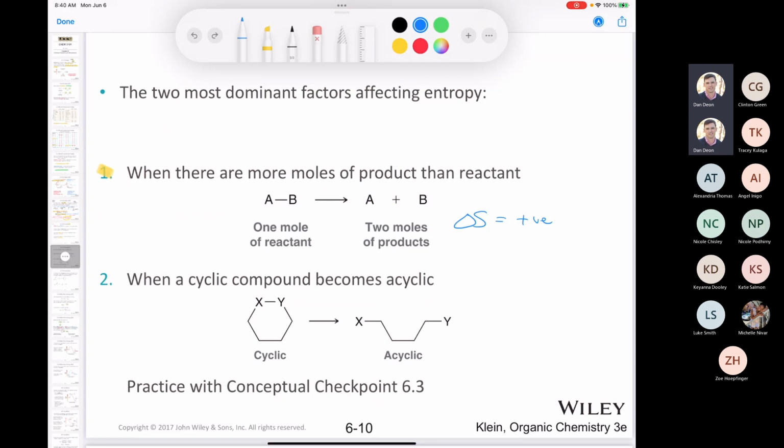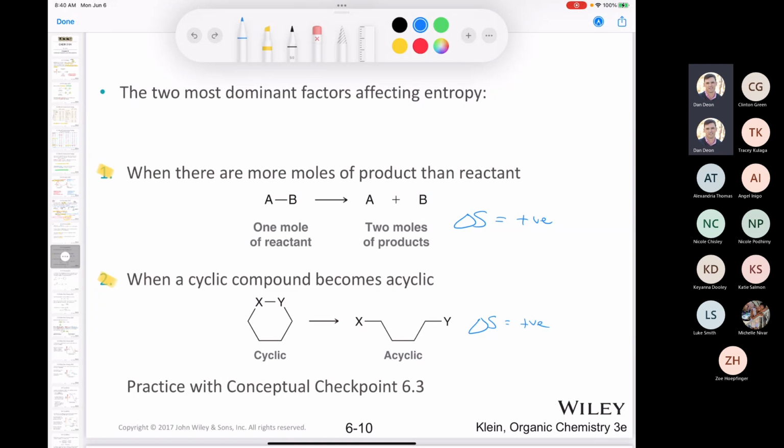And the other way is when a cyclic compound becomes acyclic. If you have something that's a cycle, like maybe cyclohexane, and then you break it open, then it has more freedom of movement, so to speak. And so our delta S would be positive for that. Give me a thumbs up if you're good with me on this slide. Just the whole idea that if we go from one thing to two things, entropy is increasing.